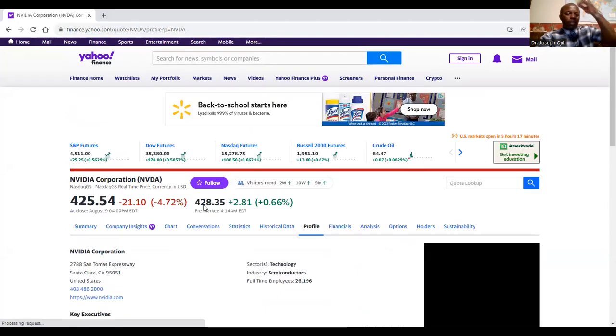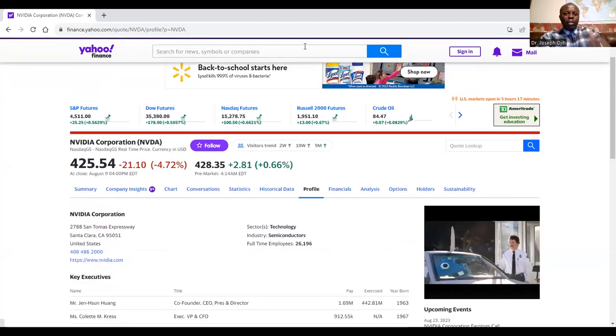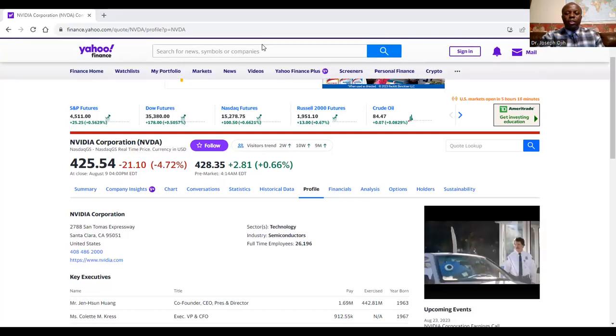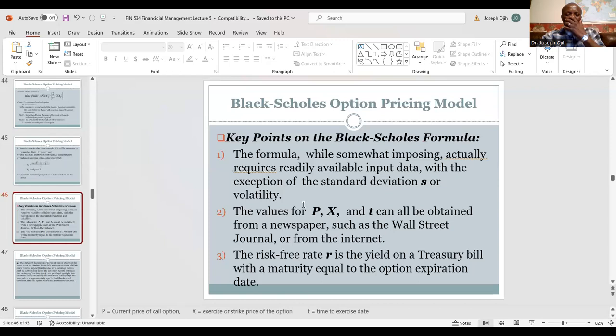So back to what I want to show you. Remember, the inputs, the values you're going to use for the formula, are already there. For P, which is the stock price, I would say the stock price, because the option derives its value from that price.